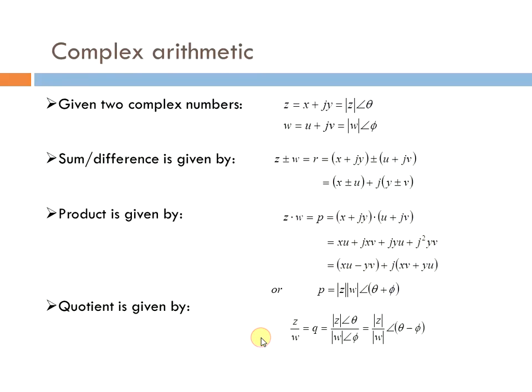We can also determine the quotient, or we can divide one complex number by another one, and this is also more easily done in the polar form, where we divide the two magnitudes and find the difference of the phases.